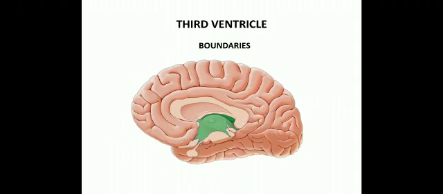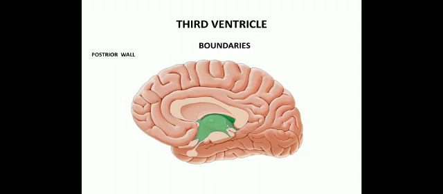The boundaries: the anterior wall is bounded by the lamina terminalis and the anterior column of the fornix. The two columns of the fornix diverge, pass downwards and backwards and sink into the lateral wall of the third ventricle to reach the mammillary body.